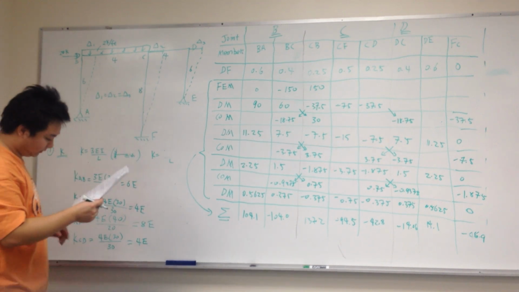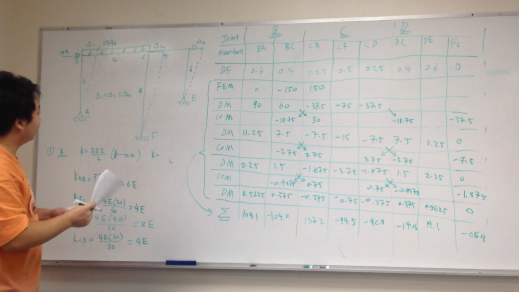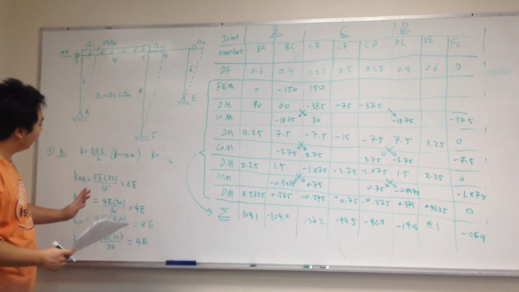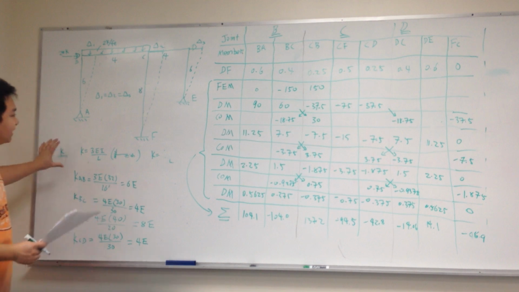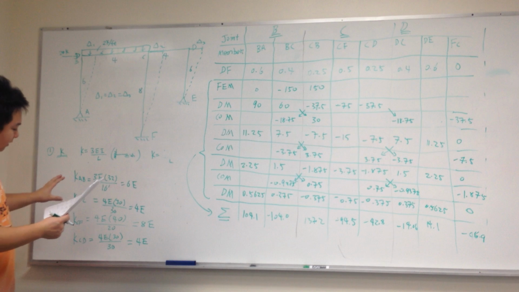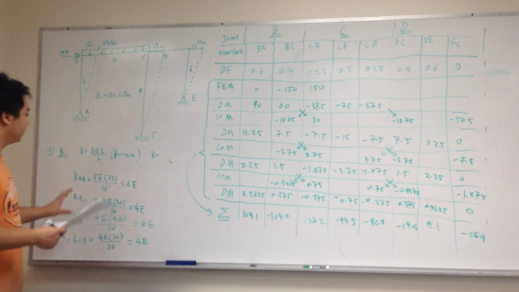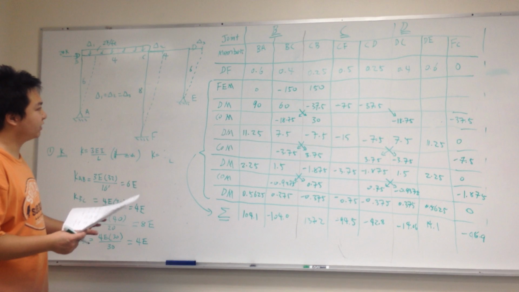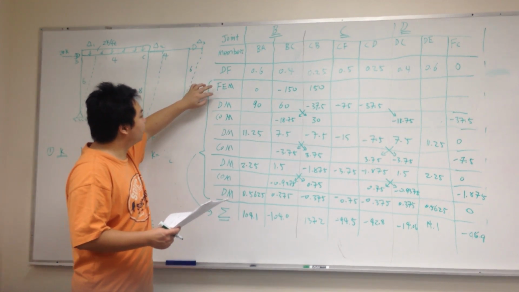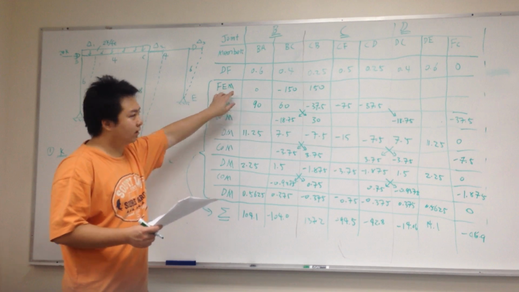In this case, you have to use, you do the same thing. Step 1, you find the K, and the K is the same as this one. And for distribution factor is also the same. It's not going to change. This is not going to change. The only change is the fixed end moment.